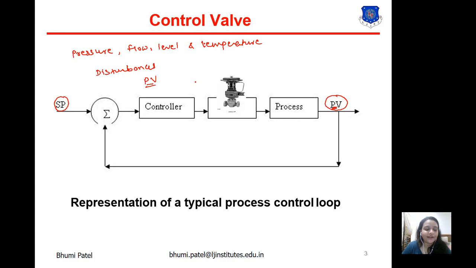The sensor and transmitter collect the information about the process variable and its relationship to some desired set point. So this is the first important work for the control valve. We always connect a sensor in the feedback loop.